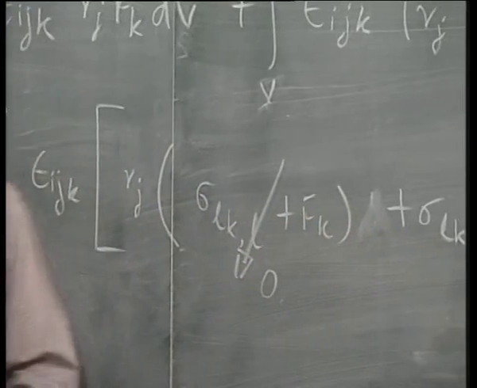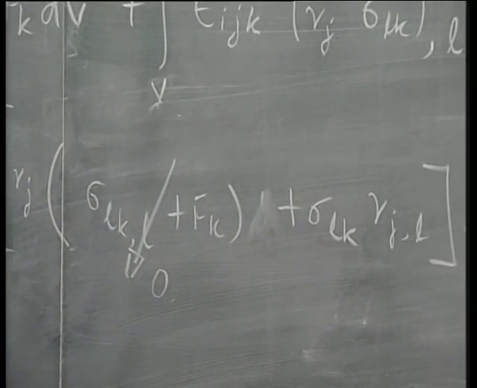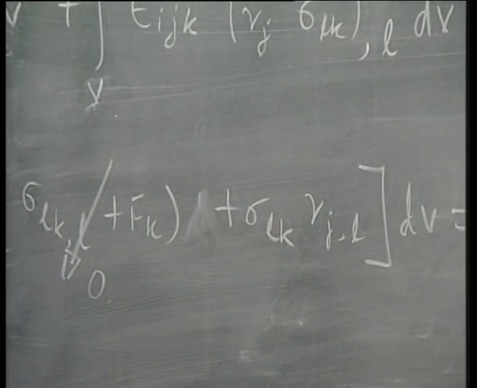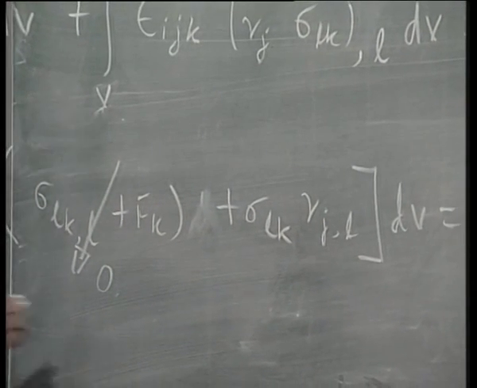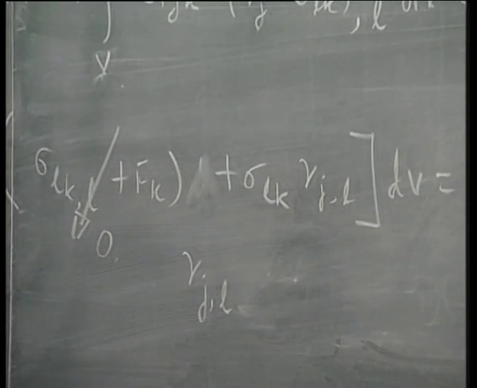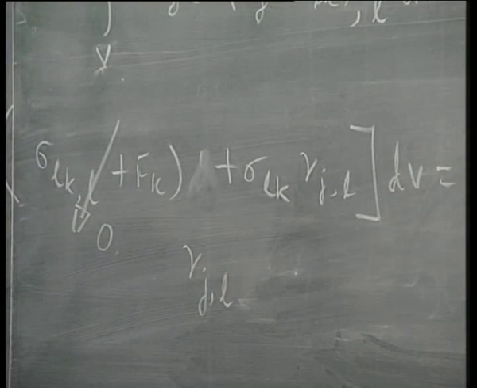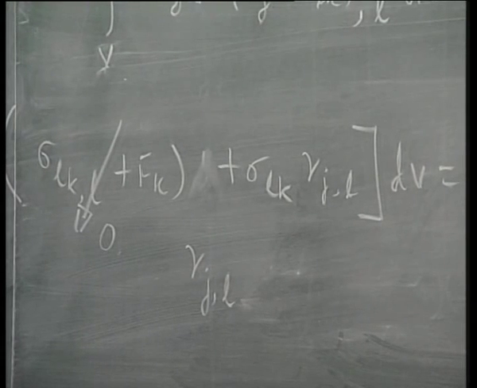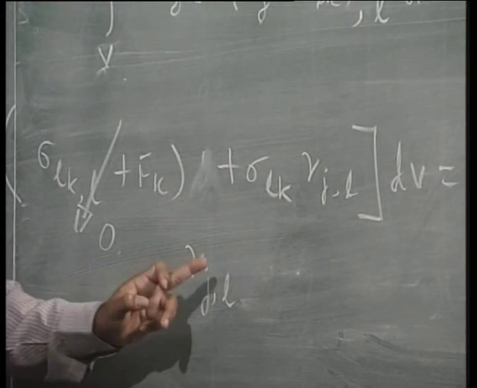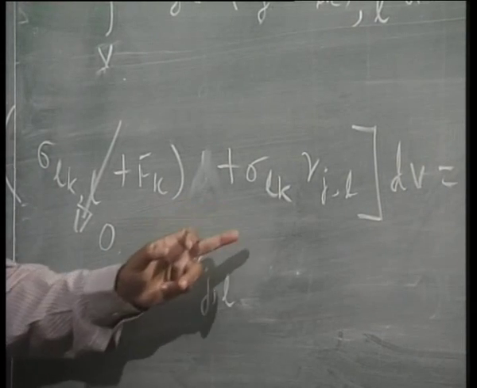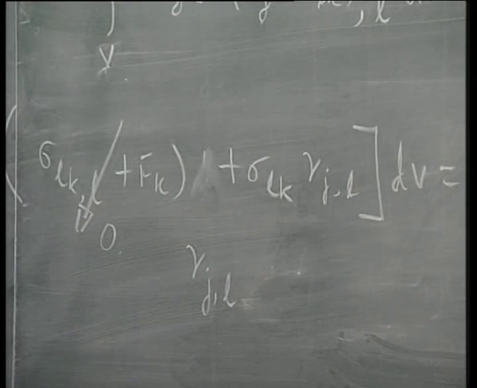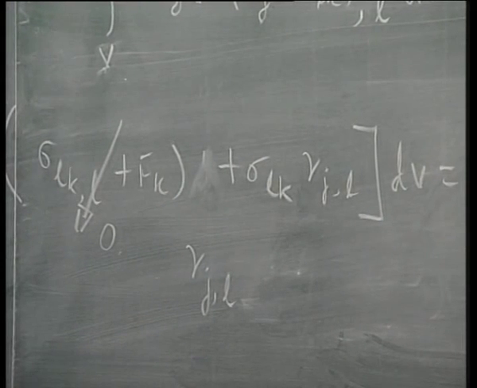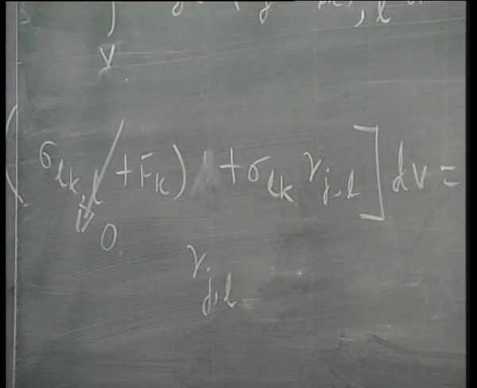I have only this term. Now let me look at that term r_j comma l. What is r_j comma l? It is dou r1 by dou x1 or dou r1 by dou x2 and so on. Please note this carefully.